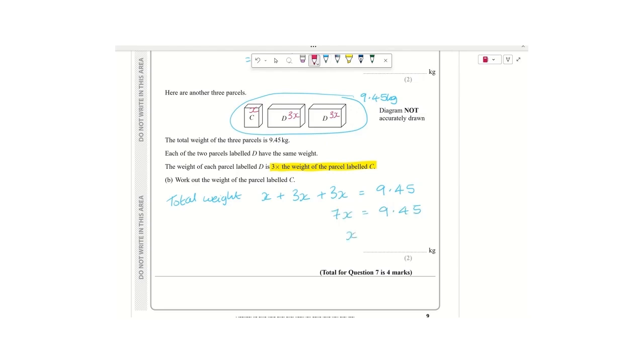So to find 1X, I'm going to divide both sides by 7. And if I do 9.45 divided by 7, that gives me 1.35 kilograms.